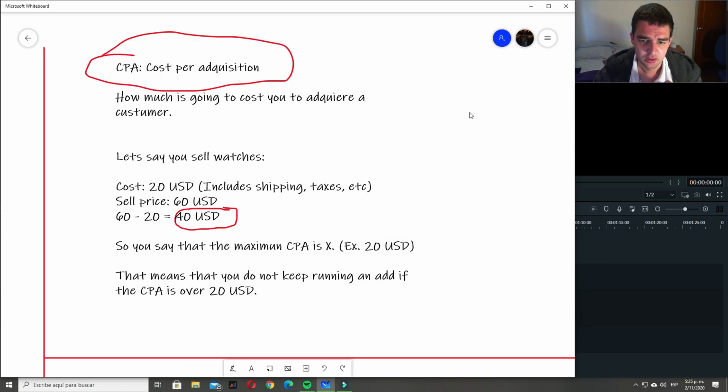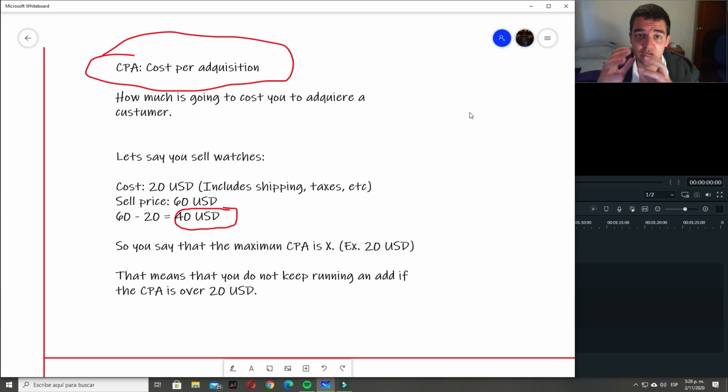So you need to establish how much of those $40 you are willing to pay in order to acquire the customer. Let's say that your maximum CPA, the maximum amount of money that you are willing to pay to acquire this customer who is going to buy this watch for $60, is $20, right?